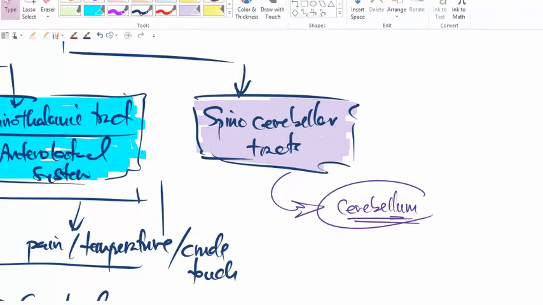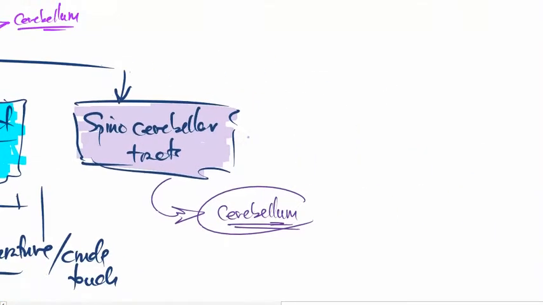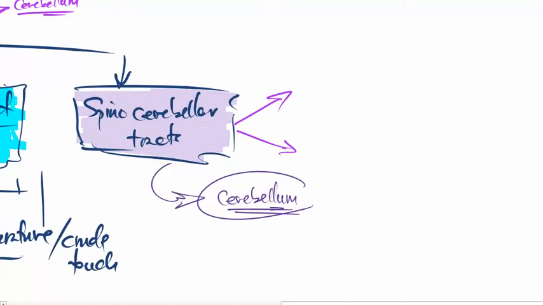The spinocerebellar tract, we'll get into it later, but it actually has two parts. Anterior, posterior, let me just be sure. So you have the dorsal, and then you're going to have the ventral, which is also the anterior.